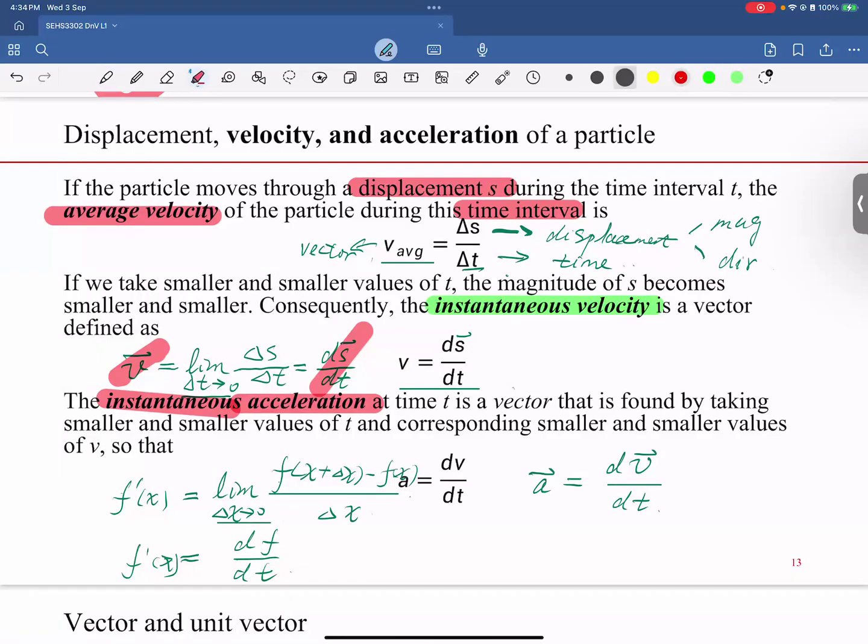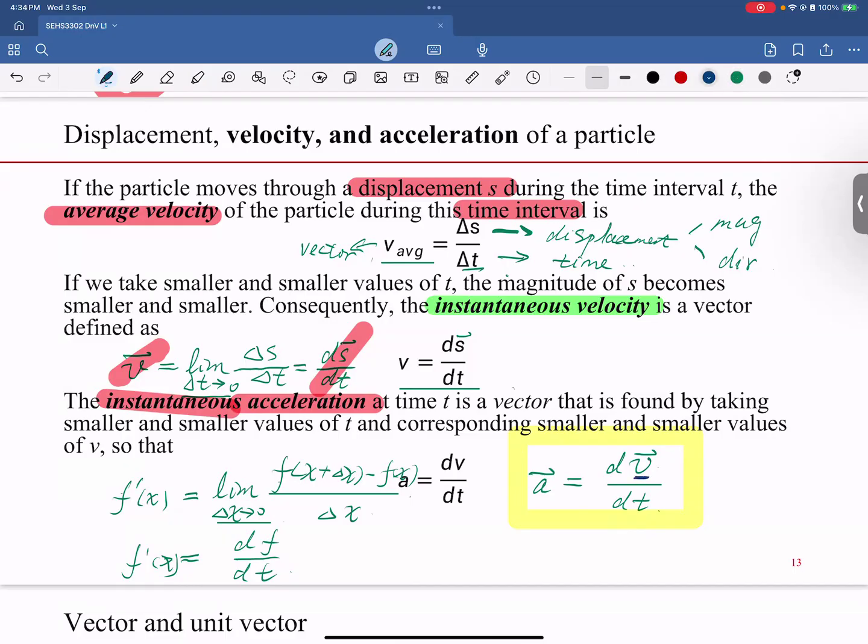The part I want you to pay more attention to is this one, dv over dt, because similar to other vectors, v has a more complicated change.